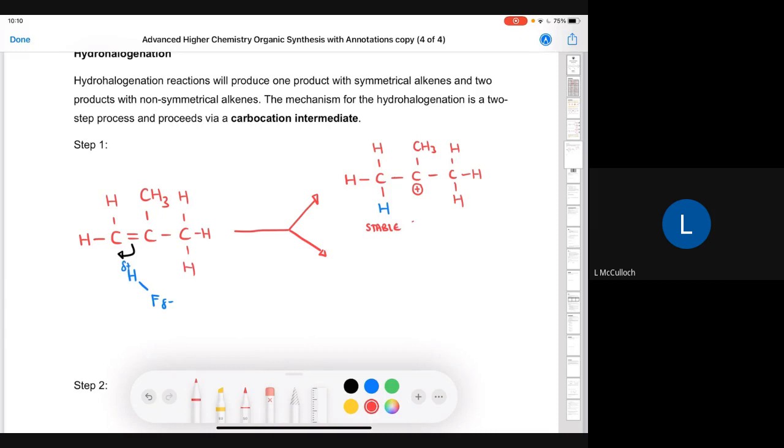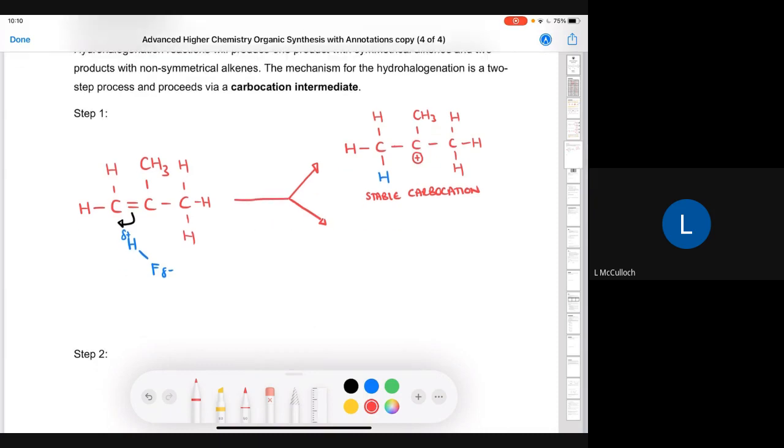So that's a stable carbocation. So that would exist for long enough for another reaction to take place with the carbocation. The other option would be that the curly arrow would go in the other direction, and the bond would form between the hydrogen and the carbon in the middle.